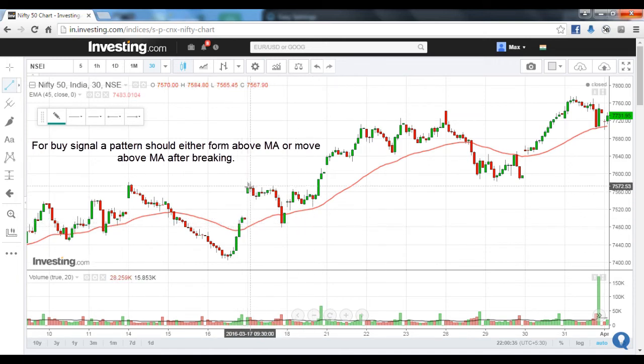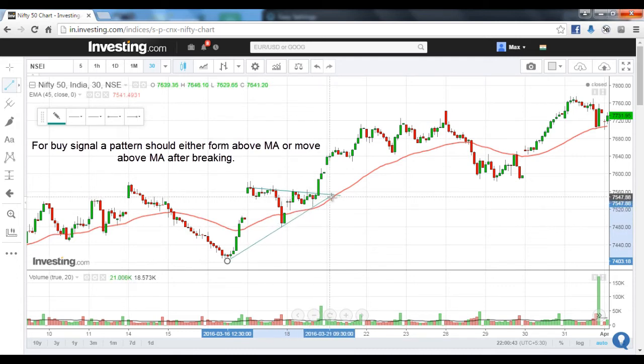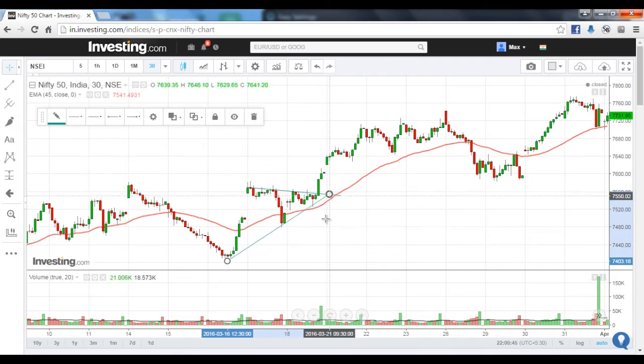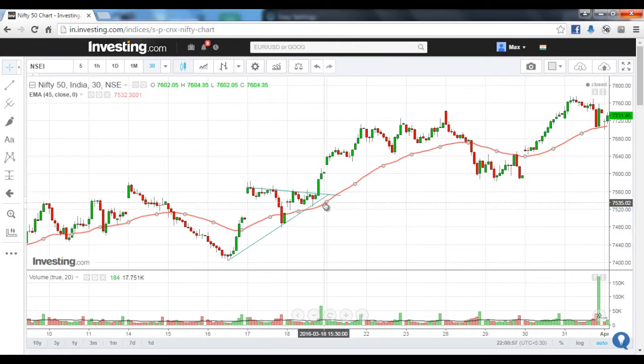So here you can see a pattern, a converging triangle, or you can say the coil. Now this coil broke above the moving average, so we will take our entry here.